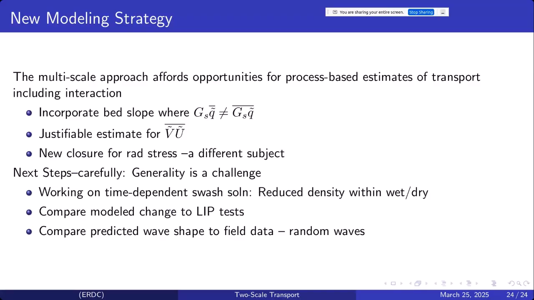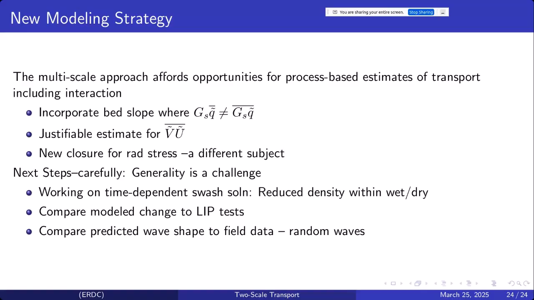I was thinking this morning about how other models do this, like how Delft3D does it, how BeachFX does it, and how Seashore does it. And the fact of the matter is they just totally guess. The one I'm, of course, most familiar with is the Seashore one, where we said that we expect to have an offshore velocity due to the undertow, and we expect to have an onshore transport due to the wave-related parts.